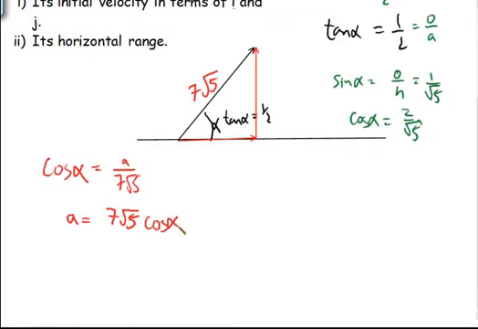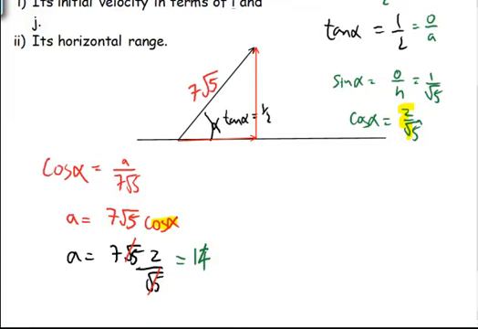I'll leave cos alpha there, but I'm going to substitute in now for cos alpha, 2 over root 5. So I have the adjacent component is equal to 7 root 5 multiplied by 2 over root 5. Luckily enough, the root 5s divide into each other there, and the adjacent component works out to be 14. 2 by 7 is 14.